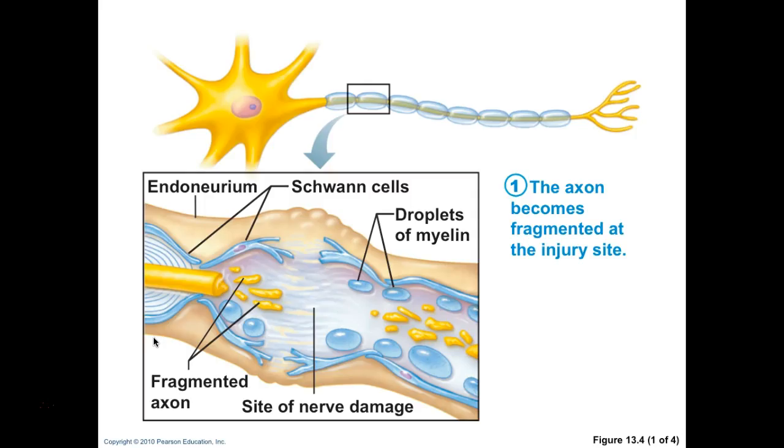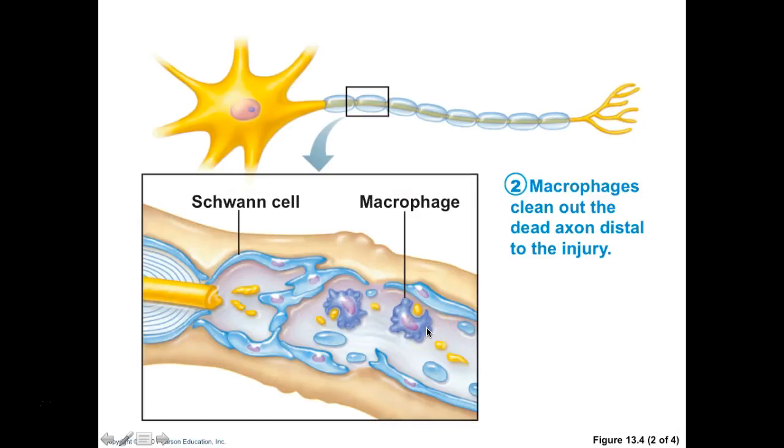So let's look at these steps here. Here's an area where we have nerve damage and our axon is fragmented. We can see we have droplets of myelin here. The axon is just completely destroyed here. So our macrophages come in, they clean out the debris.